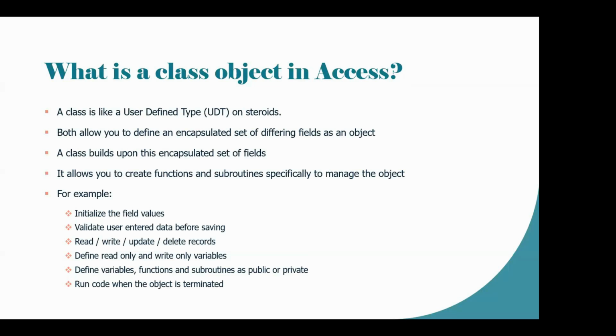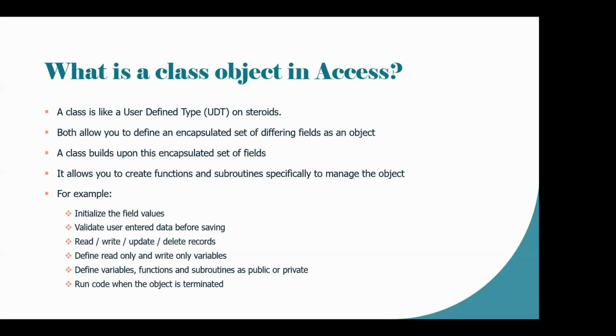A class builds upon this encapsulated set of fields, and it allows you to create functions and subroutines specifically to manage that object. For example, you can initialize all the fields within your class, which you can't do in a UDT. You can validate user-entered data before saving it.